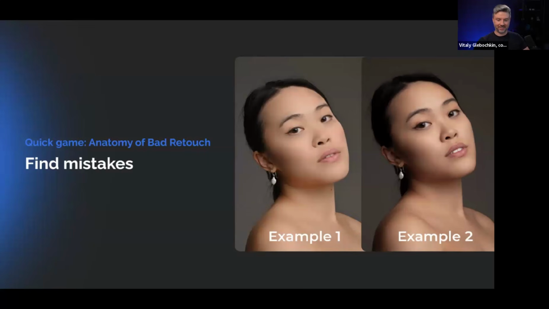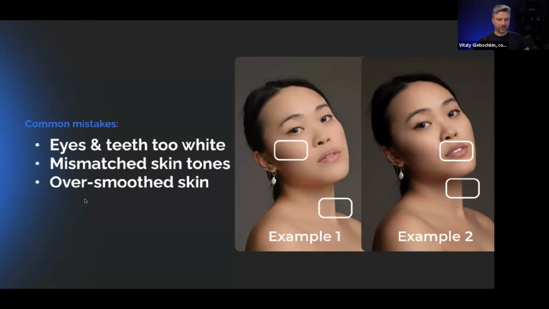The skin is also key. In the first example, we don't see pores, we don't see skin texture. So sometimes we have a problem with eyes or teeth if I made them too bright, sometimes there are differences in color shades all over the skin, or you can get over-smooth skin.